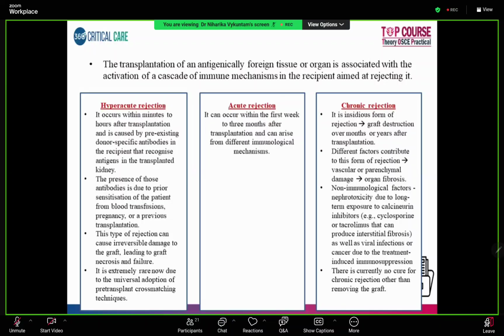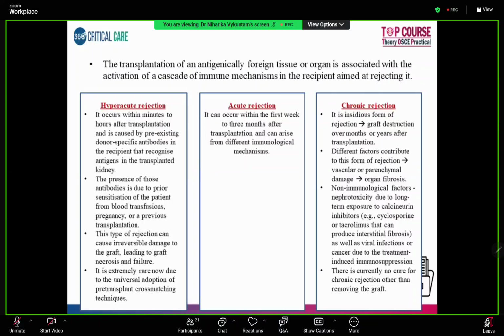This type of rejection can cause irreversible damage to the graft, leading to graft necrosis and failure. It is extremely rare now because there is universal adoption of pre-transplant cross-matching techniques which has been done very stringently. So hyperacute rejections have become rare now.